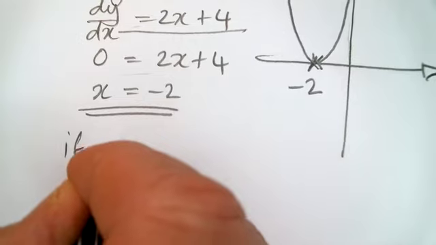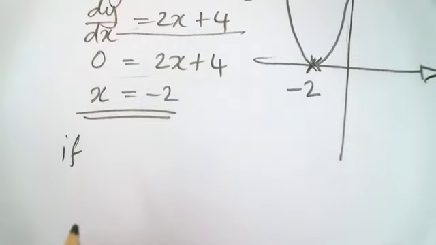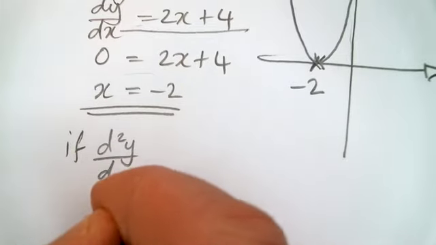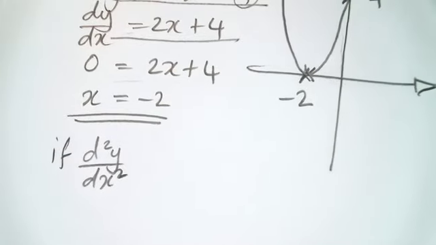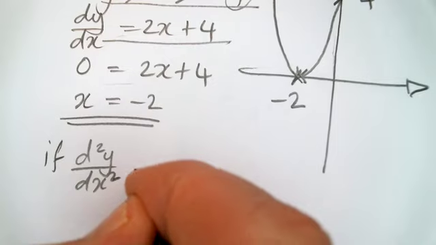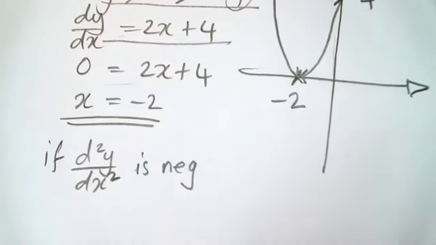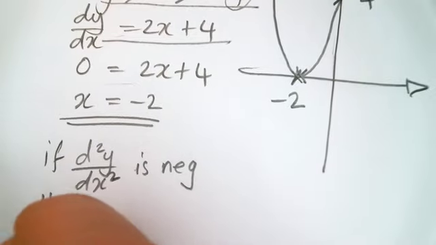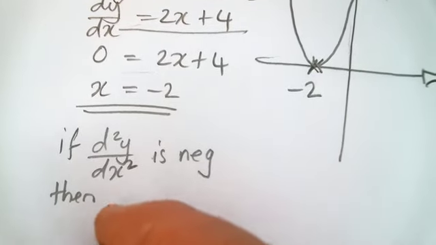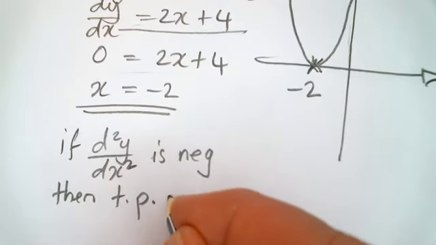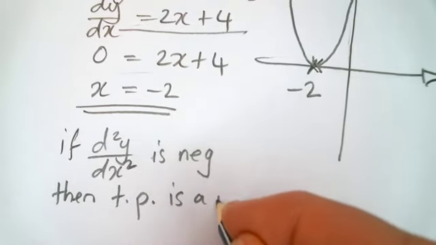So if the second derivative, and I'll actually write out second derivative here, d squared y over dx squared, is negative, then the turning point is a maximum.